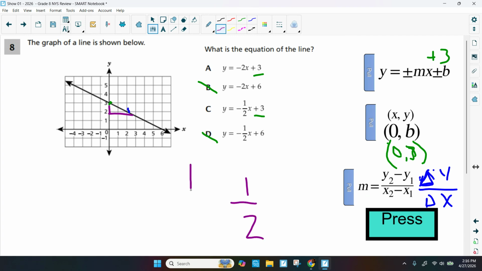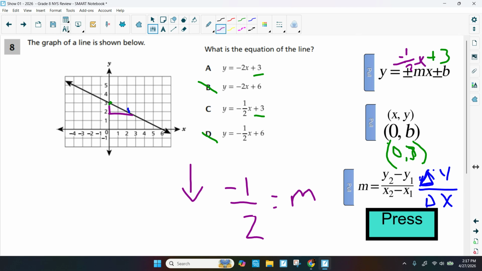And since I went down, that would make this a negative slope. So my slope is negative because the line is pointing from left to right downward. So that's a negative slope. So I figured out my slope without having to use the 2 points. I could have used that if I wanted to, but hey, it's a little faster. So my slope is now -1/2. So -1/2. And that is my slope.